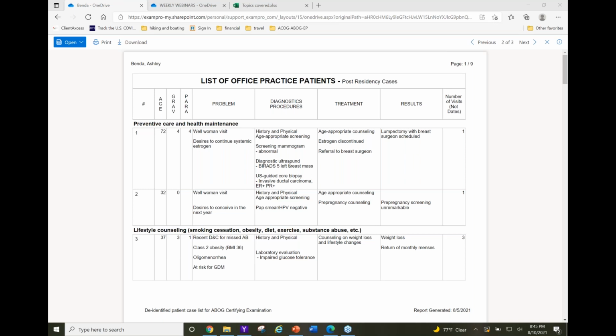Was this patient on oral estrogen, or was it being administered in some other way? The patient was on transdermal estrogen. Transdermal. And what are the benefits of transdermal versus other methods of administration? Transdermal avoids the first pass route, so it is thought to have a lower risk of VTE than the oral formulation.